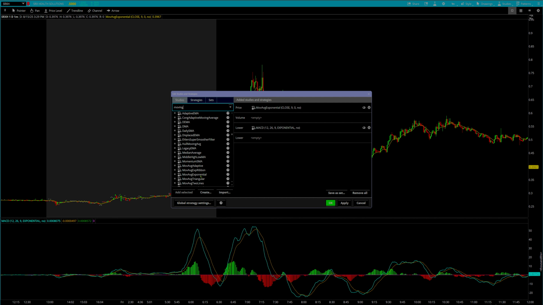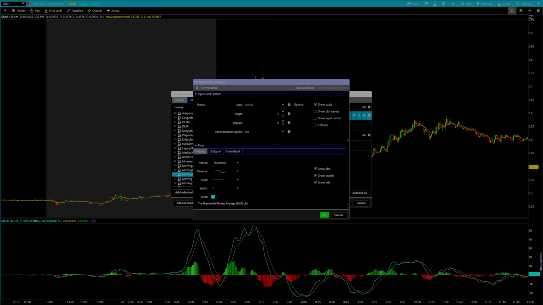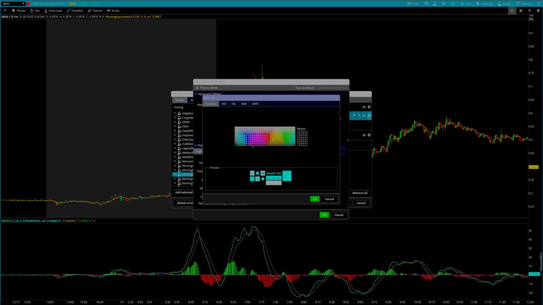So we're going to add the exponential 20. It's going to default to 9, but you can click on the settings and change it. And change the color. On my charts, I use blue.